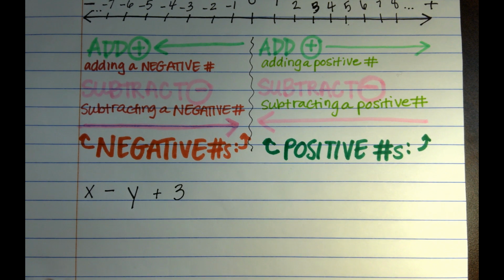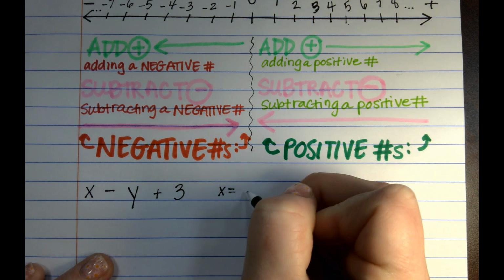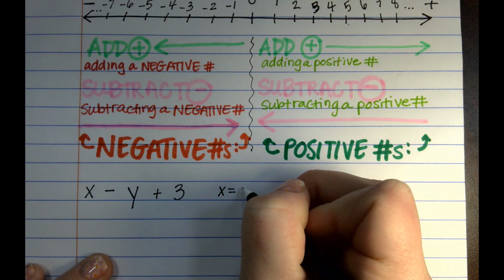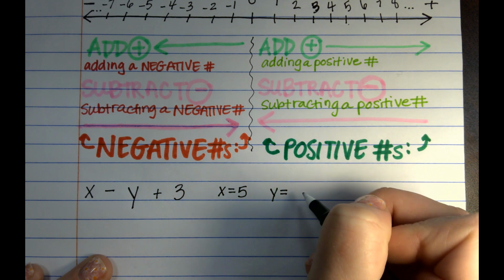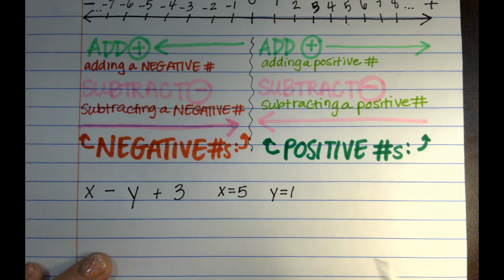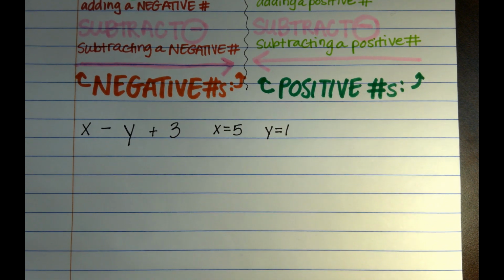And then what if I told you x equals 5 and y equals 1? What would I do here?